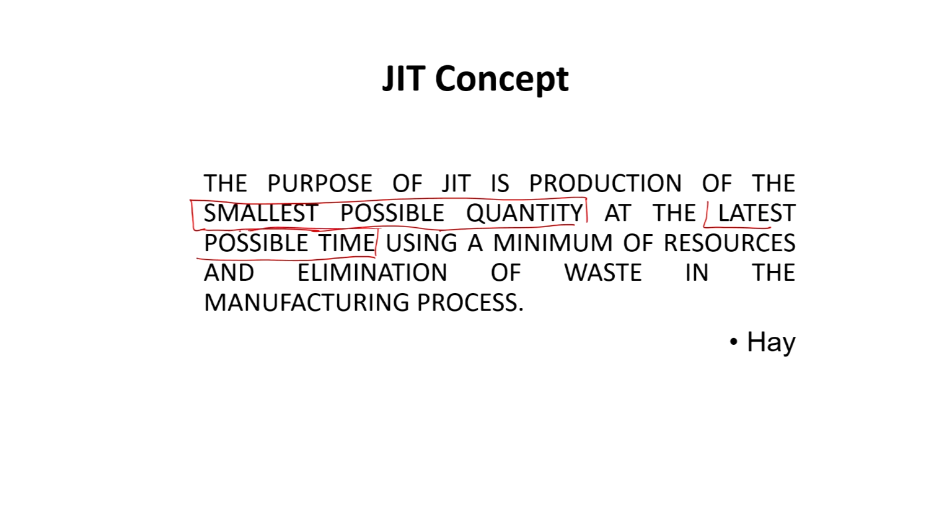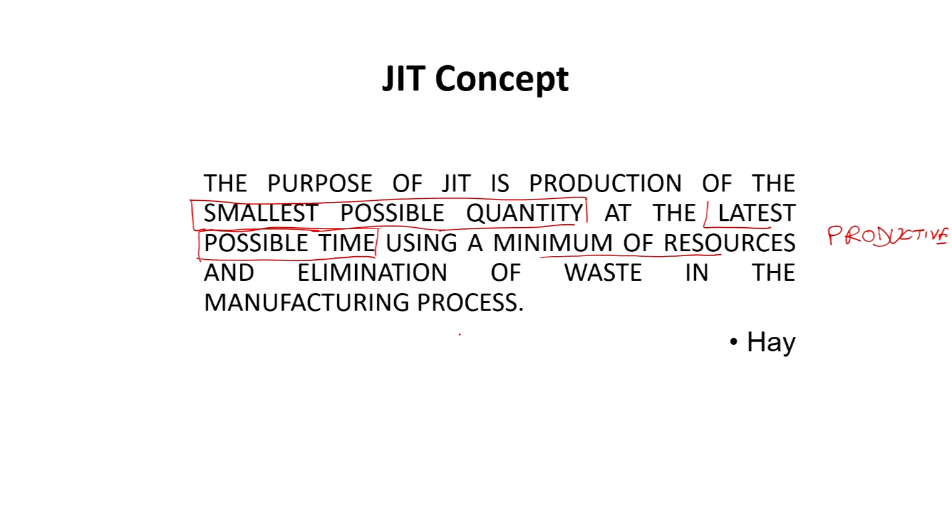We should be able to produce the smallest possible quantity at the latest possible time using a minimum of resources. So we are talking about the language of productivity and efficiency also. The system should be productive, it should not increase the cost in providing this smallest possible quantity at the latest possible time, and it should eliminate the waste in the manufacturing processes.